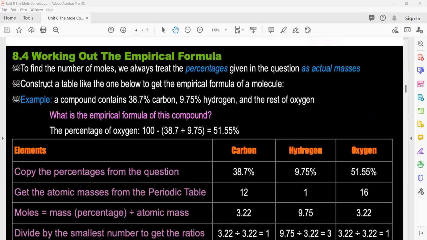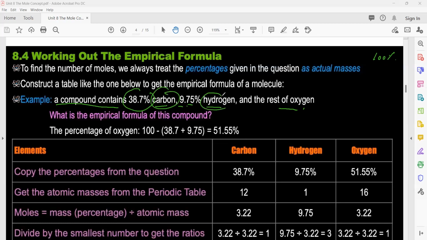Now see the example. They said that a compound contains 38.7% of carbon, 9.75% of hydrogen, and the rest is oxygen. As I told you, what is the total percentage of any compound? That is 100%. Now, first of all, what information have they given? Which elements are there?